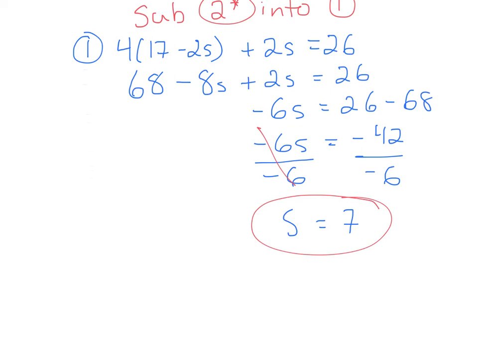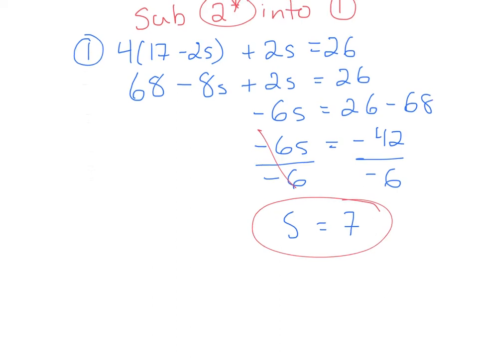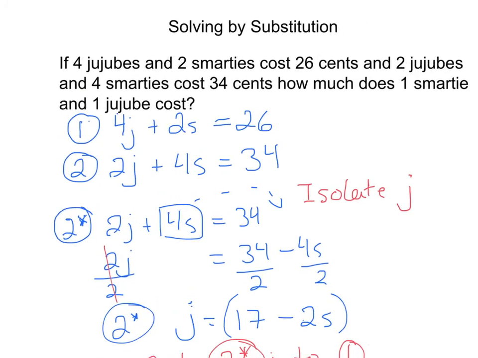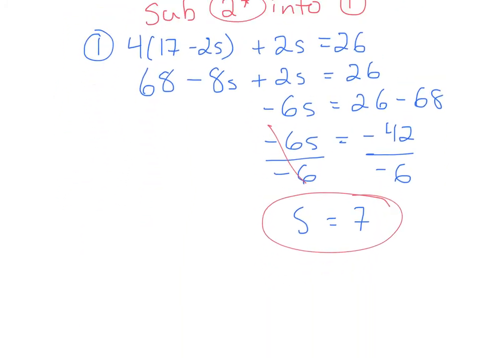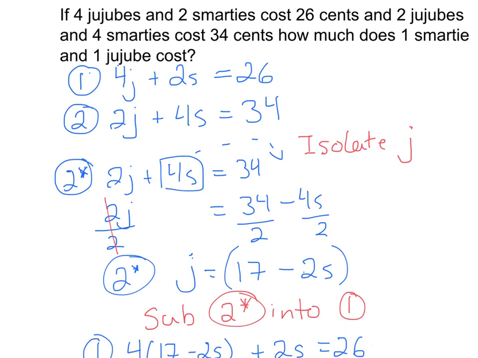Now that I know that each Smartie costs 7 cents, I'm going to substitute that back into equation 2. If we remember, equation 2 is all the way up here at the top: 2j plus 4s equals 34.